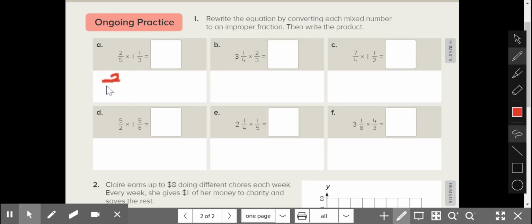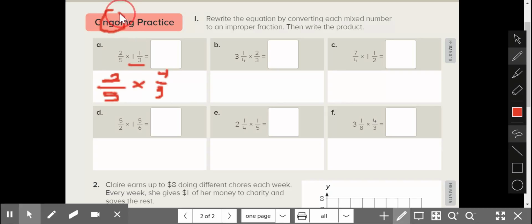So we keep 2/5, and to make this into an improper, we have to take 1 times 3, and then we add 1 to it. We have 4/3.